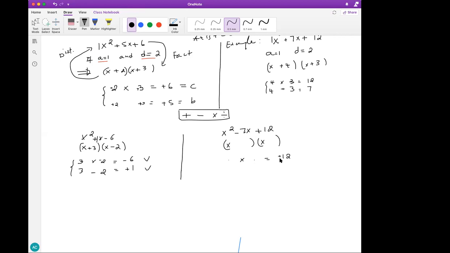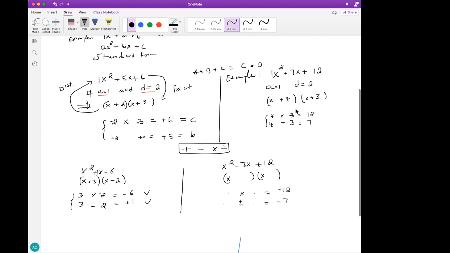And the same numbers that we use for multiplication, they should add up or subtract to what number? Minus 7. That's right. This number here, it's a negative, so they have to add or subtract to it. What numbers, again, multiply to 12 and add up to 7? You just need to use the right signs. So what signs do we use to get exactly positive 12 and negative 7?